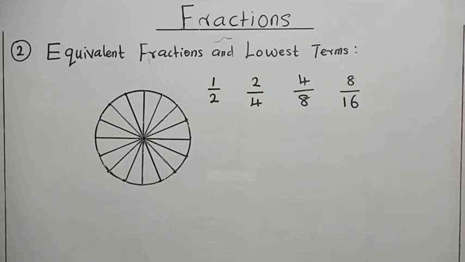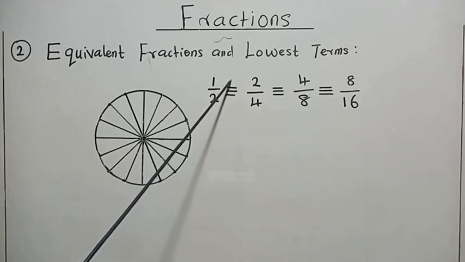Let me put a sign between them, or between any two successive fractions, to show that they are equal in value to one another. Let's see. And that is it. This is a sign of equivalence.